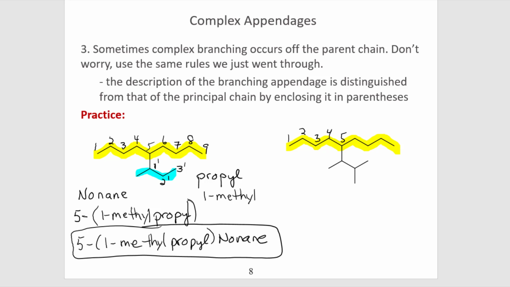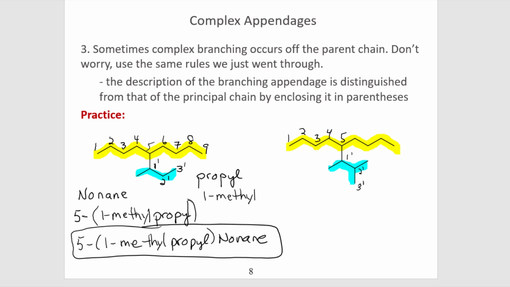So let me highlight my substituent. Here is the substituent. This is a complex branching substituent, so I'm going to number the first atom off of the parent chain as 1', and now I'm going to find the longest chain, 2', and it doesn't matter if I go up or down.